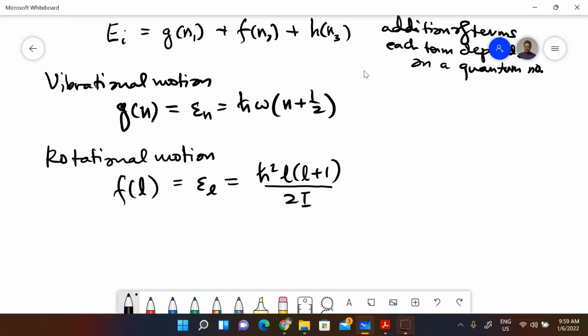And then the one before that, the translational motion.